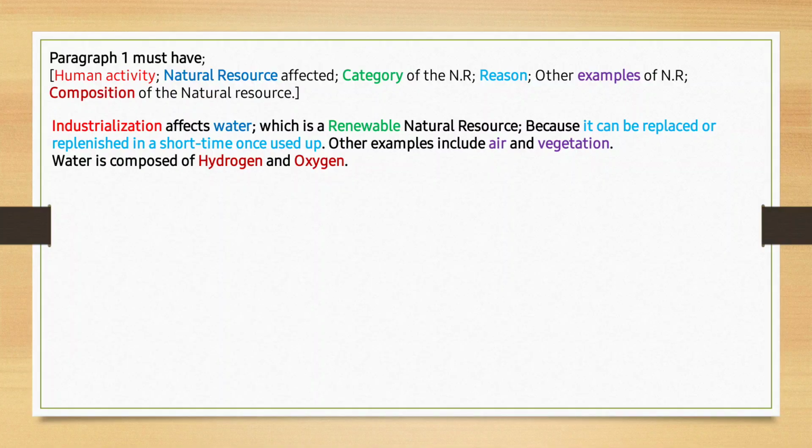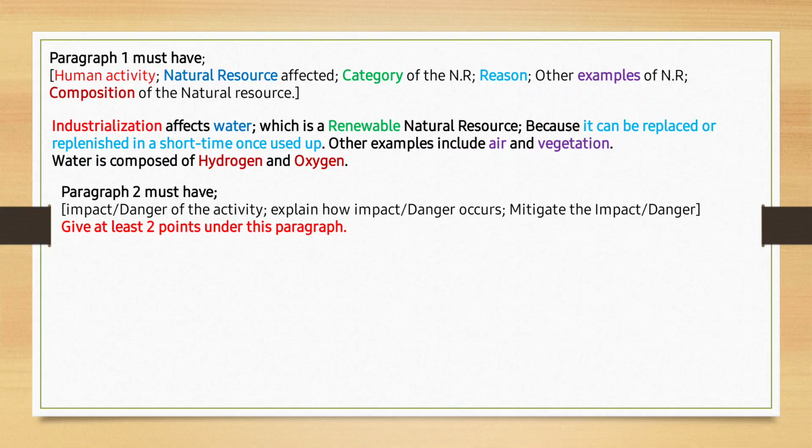Okay, so this is how I started it. I said industrialization, that's the human activity, affects water, the natural resource, which is a renewable natural resource because it can be replaced or replenished in a short time once used up. Other examples include air, vegetation. Water is composed of hydrogen and oxygen.